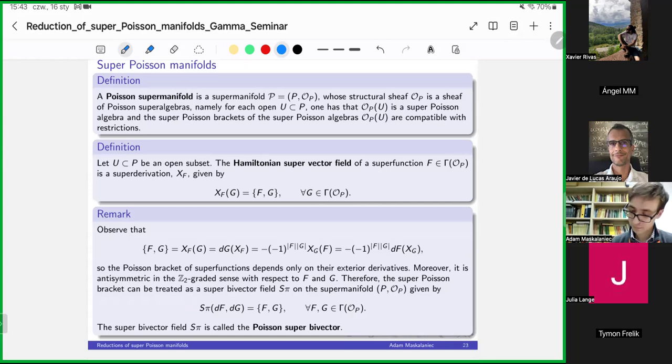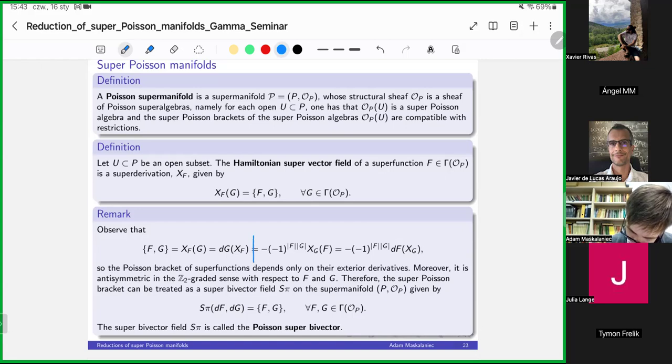Sorry, Adam. Just one remark about what you've written. It can be a little bit misleading or problematic, because in supergeometry, each time you change the order of variables, for example f or g, between the second and the third expressions in the equality, you notice that you have changed the order of f and g.